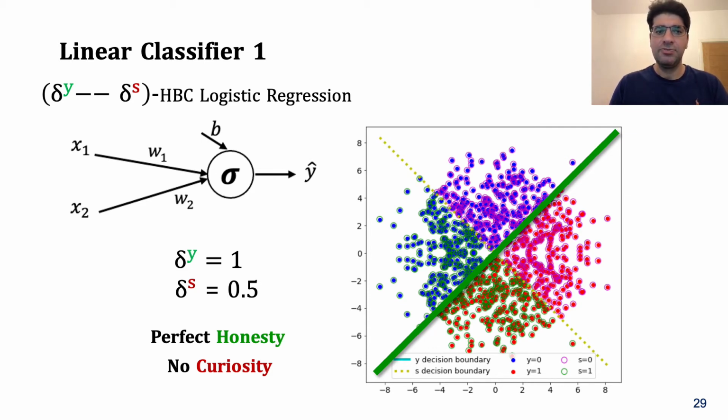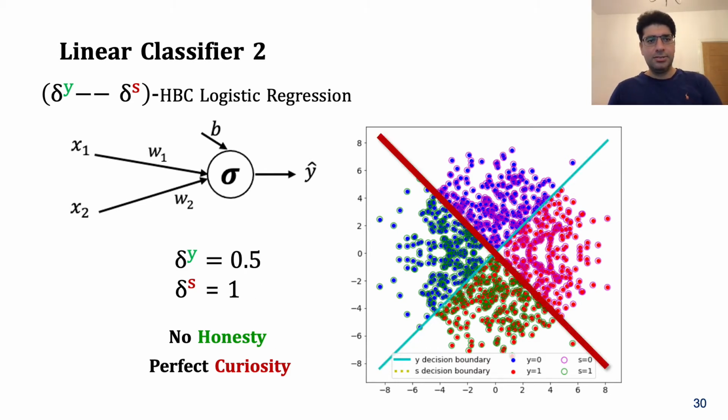But this classifier is nothing better than random guess for the label S, because we see pink and green samples on both sides of this linear classifier. So if we consider honesty, this is a perfectly honest classifier for label Y, but in terms of curiosity, there is no curiosity better than random guess.